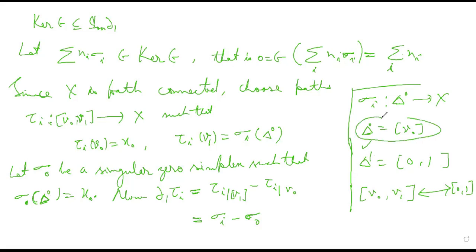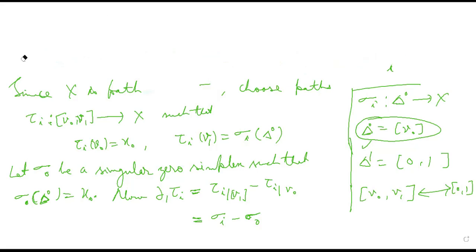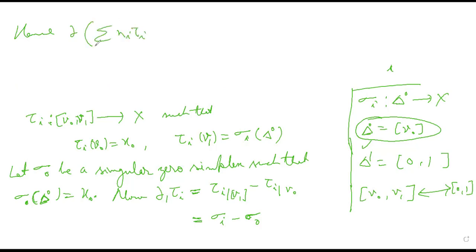And because we are already taking this, now what we have here, hence if we apply the boundary over summation n I tau I, then this is going to be summation n I sigma I minus summation n I sigma 0.